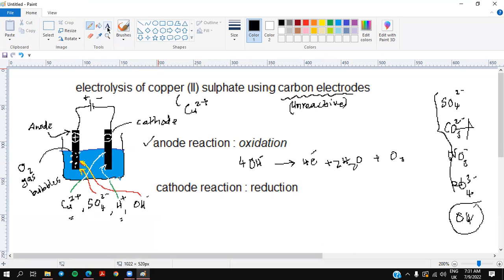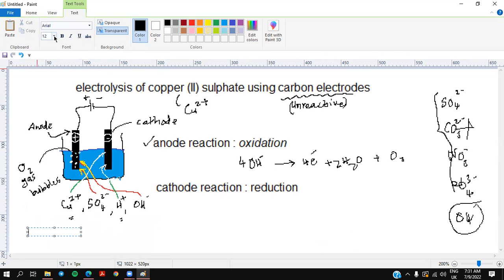Before we start discussing the reaction happening at the cathode, there's one important point to remember. What is this? Read this carefully.